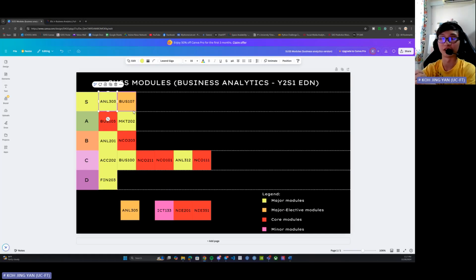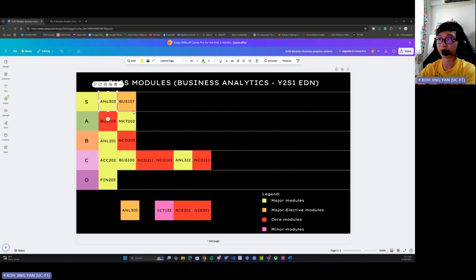So mainly for ANL 305, it goes deeper into those concepts, association and clustering, and goes through the various algorithms and the differences between them that you can use in different situations, and mainly for different case scenarios as well.